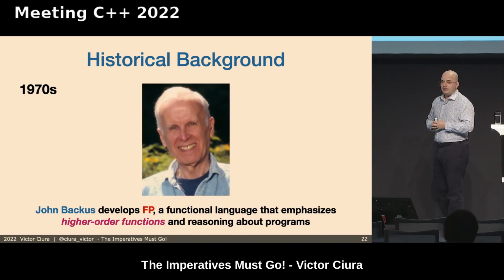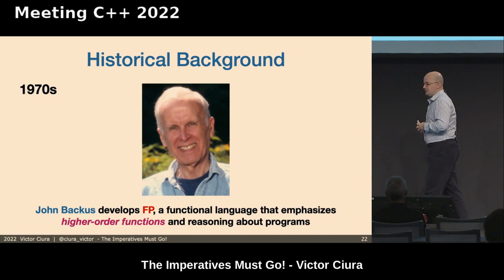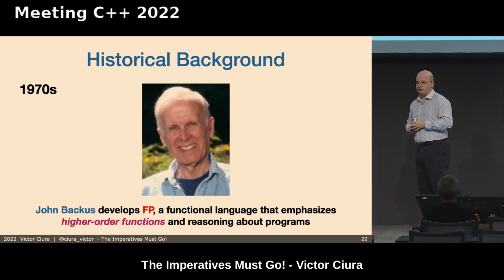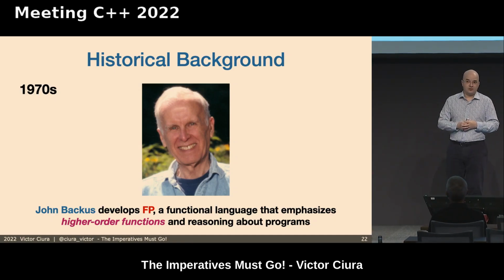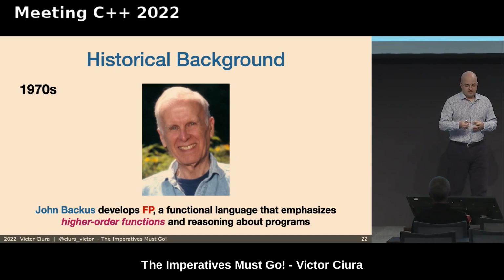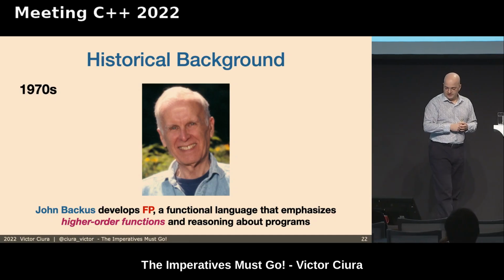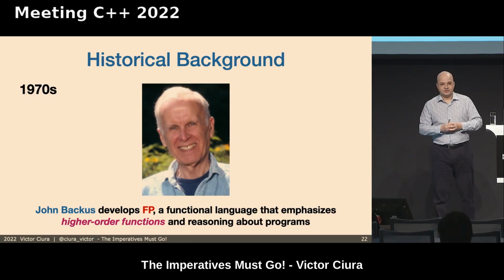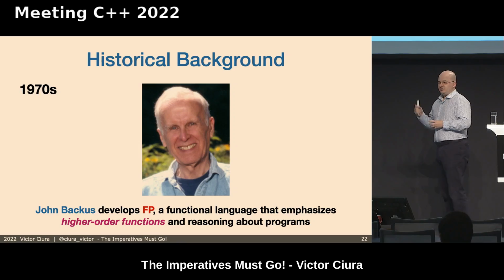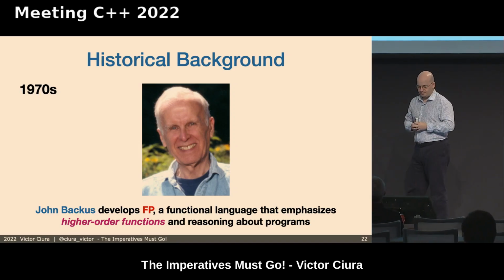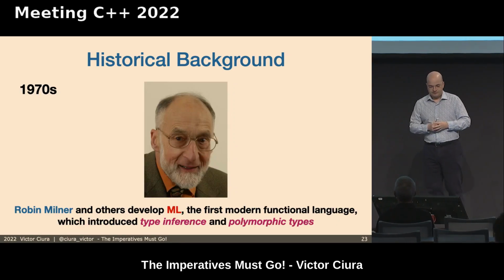John Backus, I think most folks associate his name with Fortran or Algol. A few folks actually know that he developed FP, a functional language that emphasizes higher order functions. And we're going to see a lot of these examples today of higher order functions.